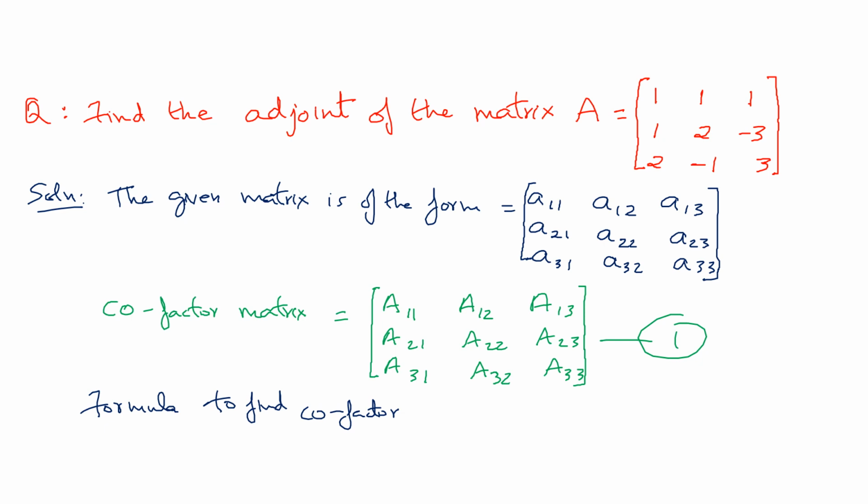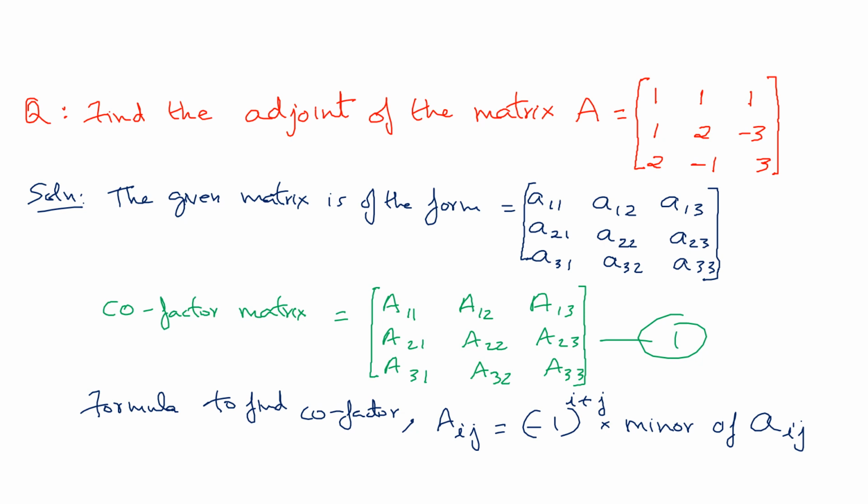Formula to find the cofactor matrix: Aij is equal to minus 1 to the power i plus j into minor of Aij in the given matrix. Okay, so in the next slide we will find each of the cofactors.